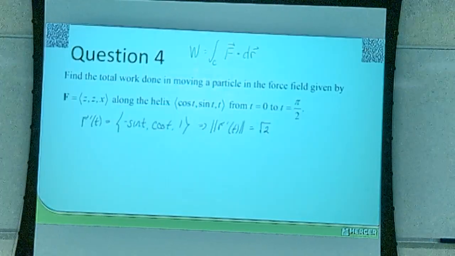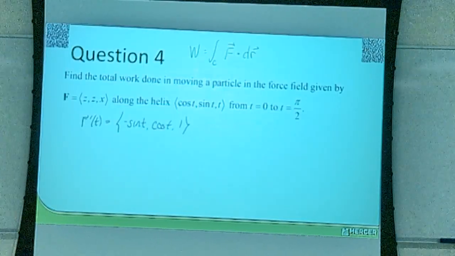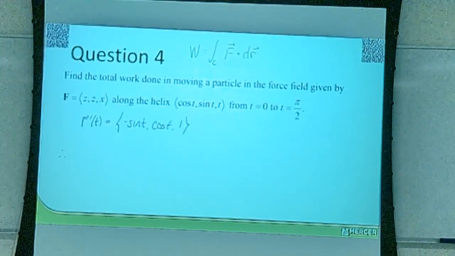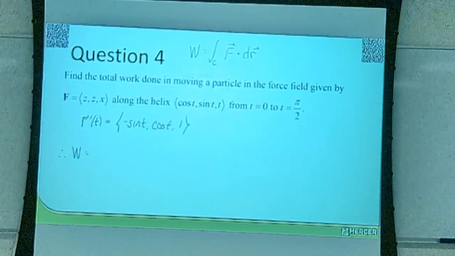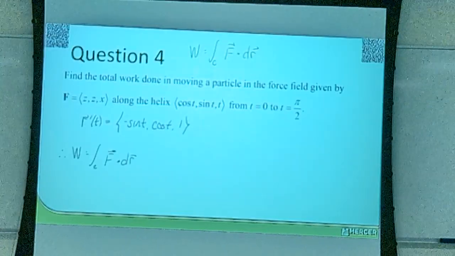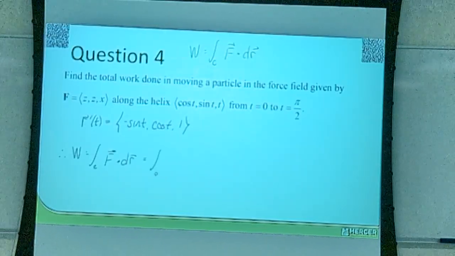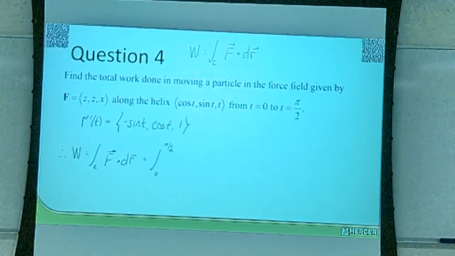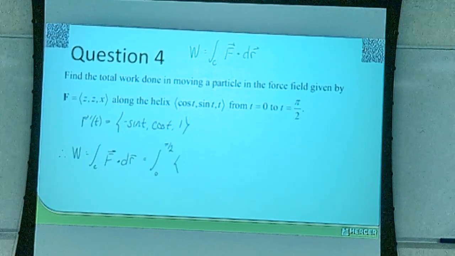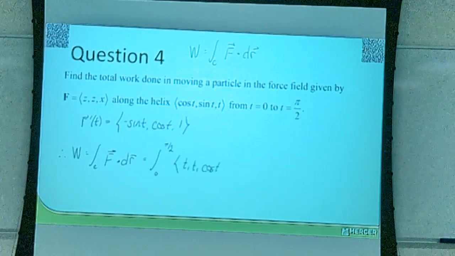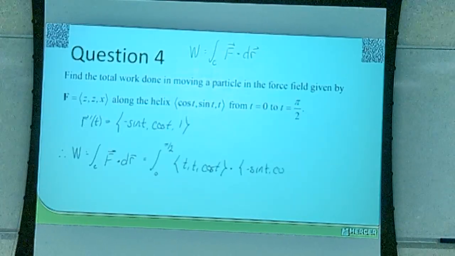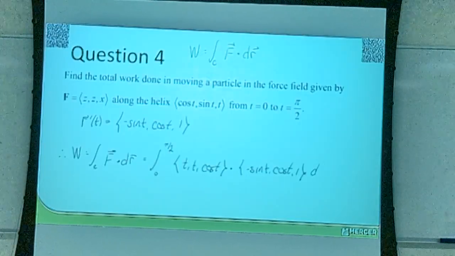Oh, I don't need the magnitude, sorry. What am I doing? This is a vector field. So we can integrate 0 to pi over 2. Now what we have to do is evaluate F along r, dotted with r prime, dt.